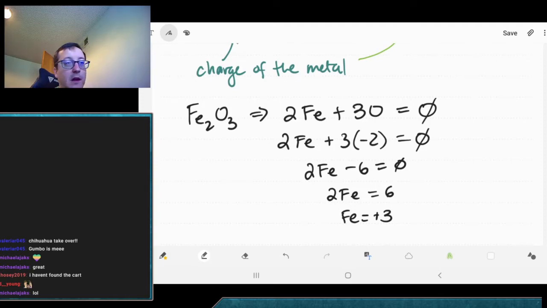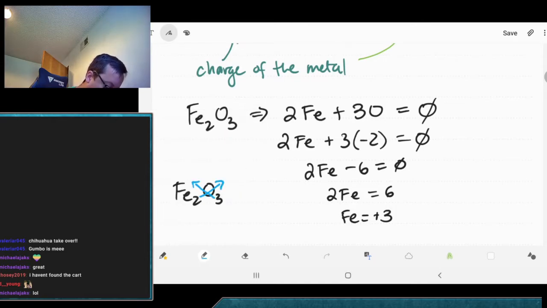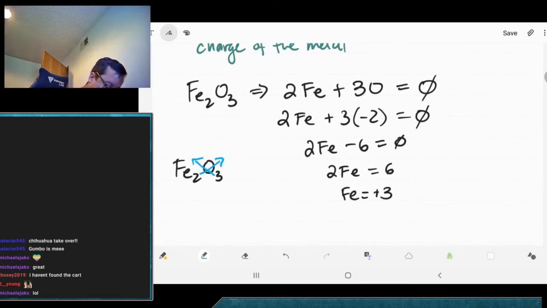Or we have a faster way. We could also, if we could crisscross to get subscripts from charges, we could get charges from subscripts by doing the opposite. Anti-crisscross. Put them up here. And now we get Fe 3 plus, O 2 minus.